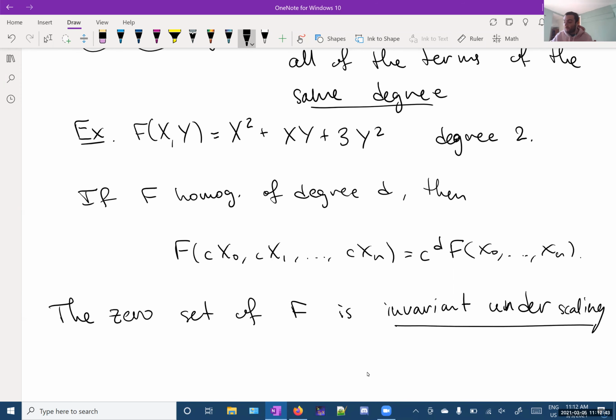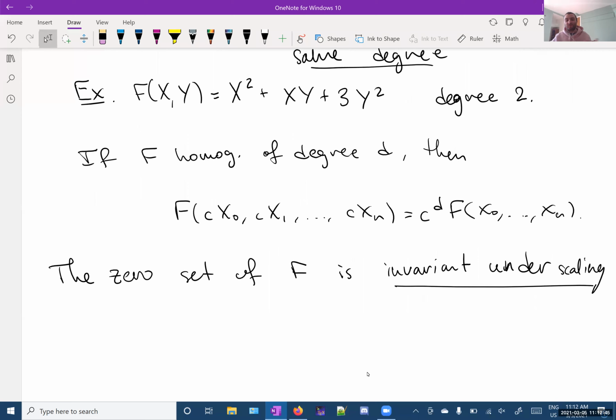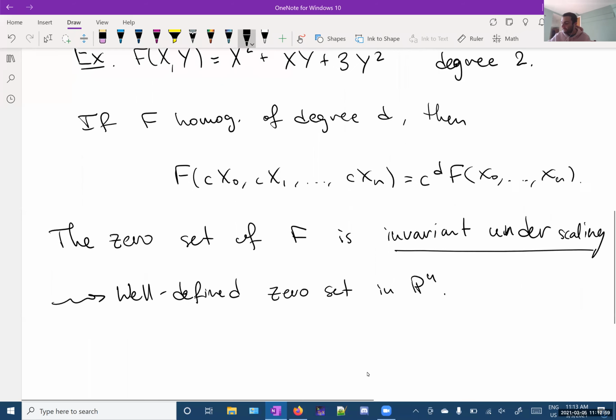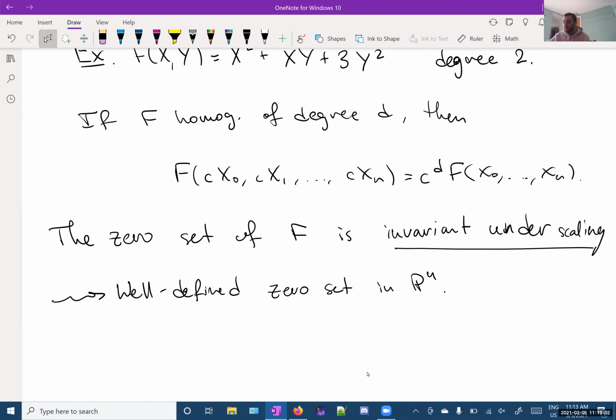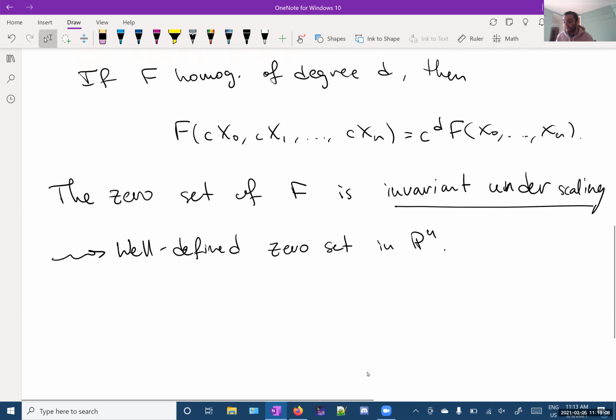Invariant under scaling, which means that we have a well-defined zero set inside a projective space. Okay, so a projective algebraic variety is one of these zero sets, or an intersection of these zero sets, if you will.